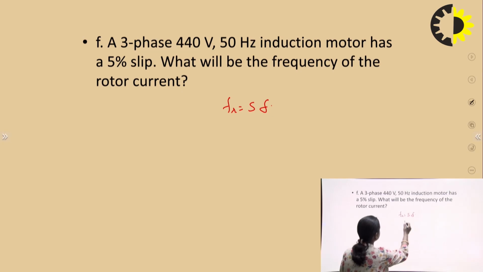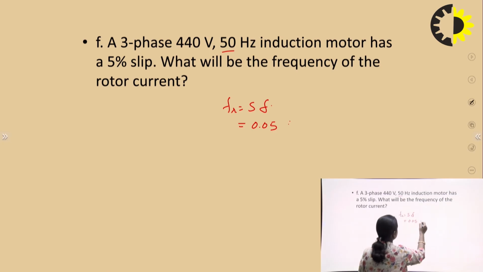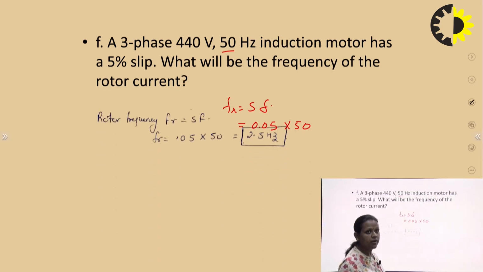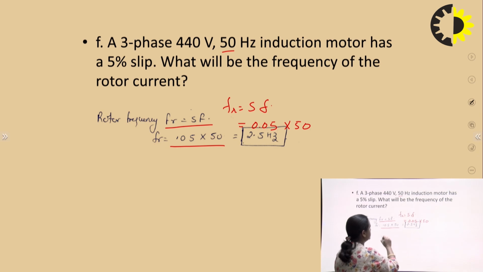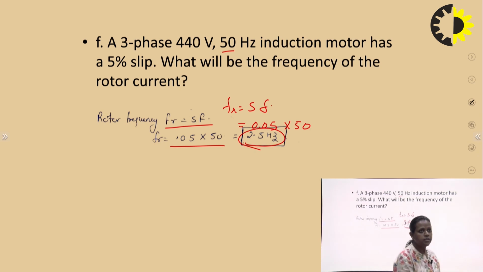Here the slip is given as 5%, so this will be 0.05, and the frequency is given as 50, right? So Fr is S F, 0.05 into 50, you will get 2.5 hertz. So this is how you will solve this numerical, right?